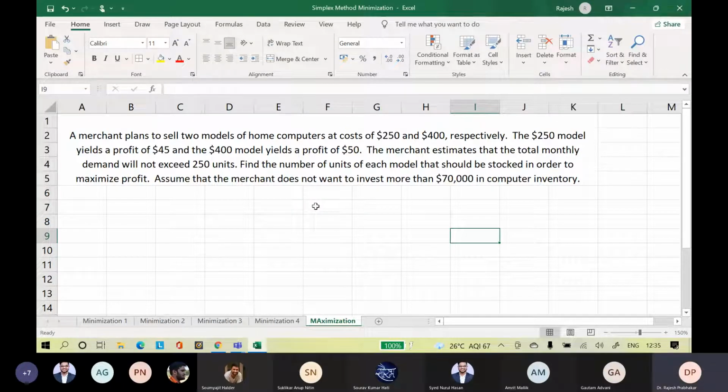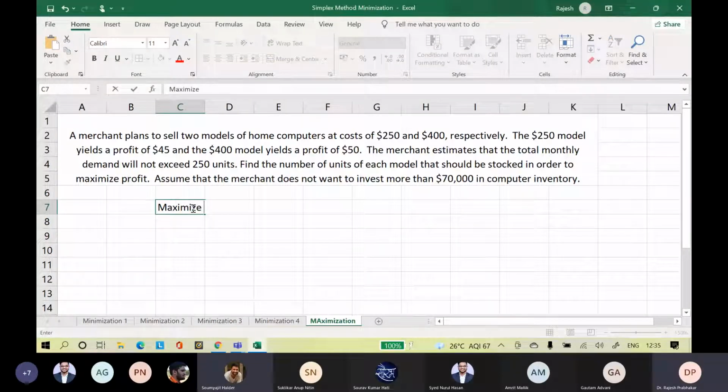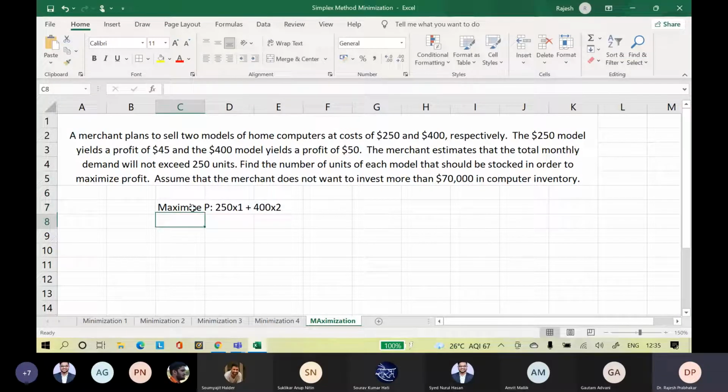So what is the objective function here? 250 x1 plus 400 x2. Maximize profit. Maximize P is equal to 250 x1 plus 400 x2. Constraints? One is x1 plus x2 less than equal to 250.